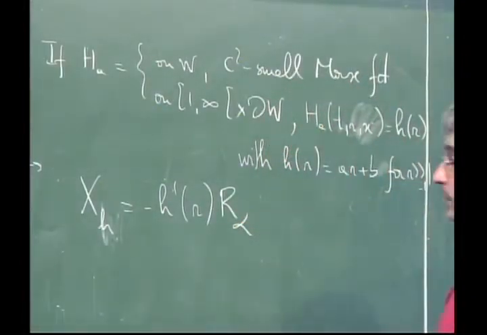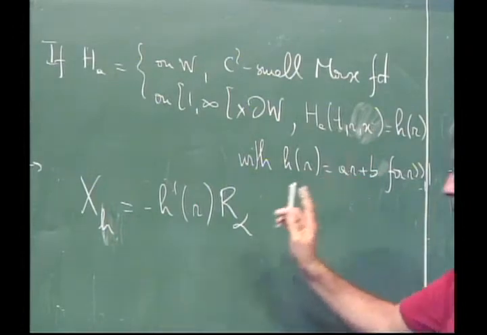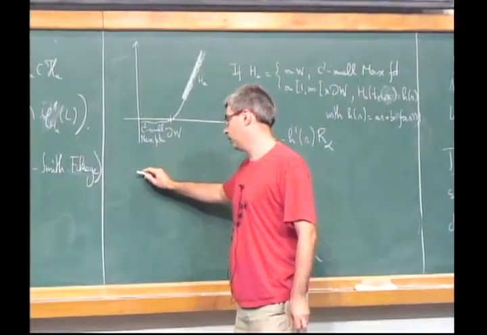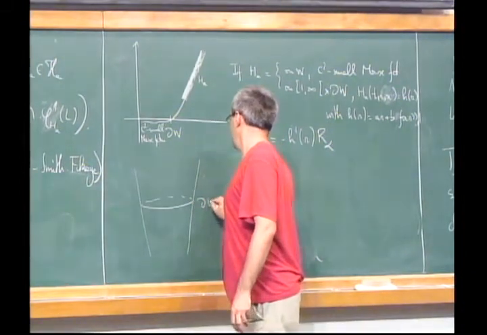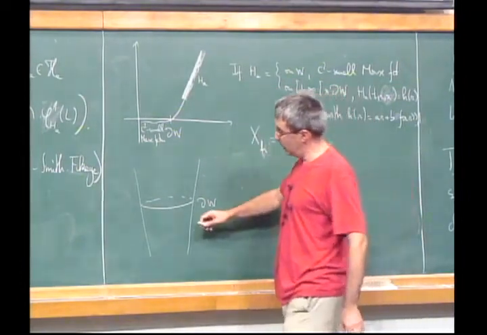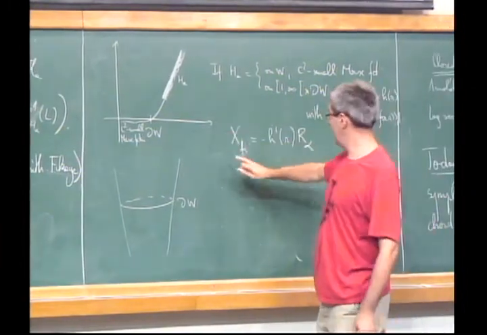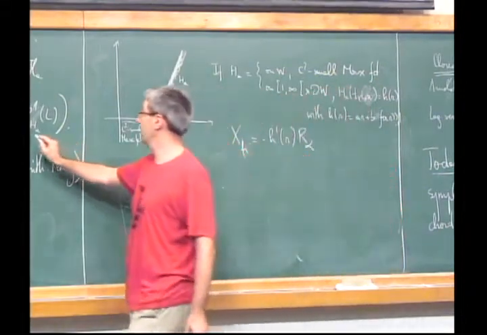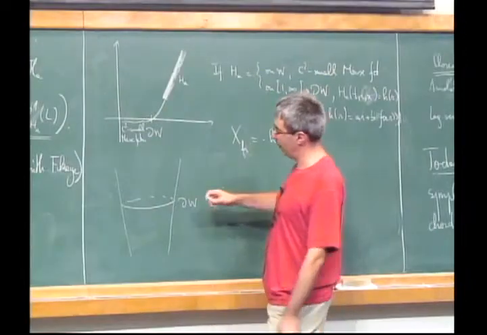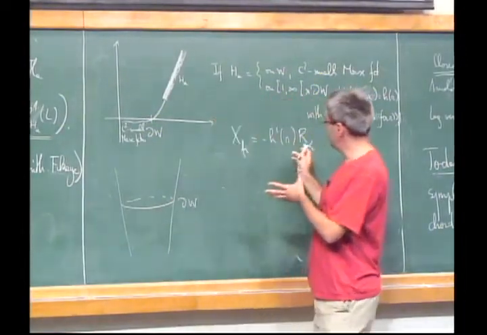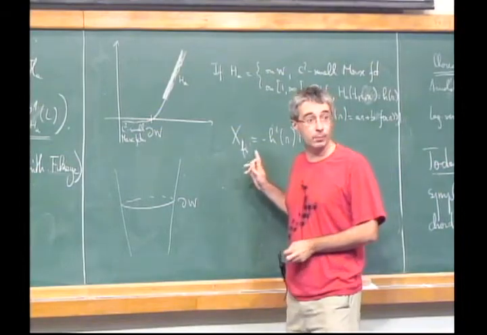So at time 1, if I try to draw, maybe this would be the boundary of W, phi 1 of H_A will make me move in the opposite direction of the flow, if I parameterize by the Reeb vector field, by a time equal to h prime at the corresponding level.